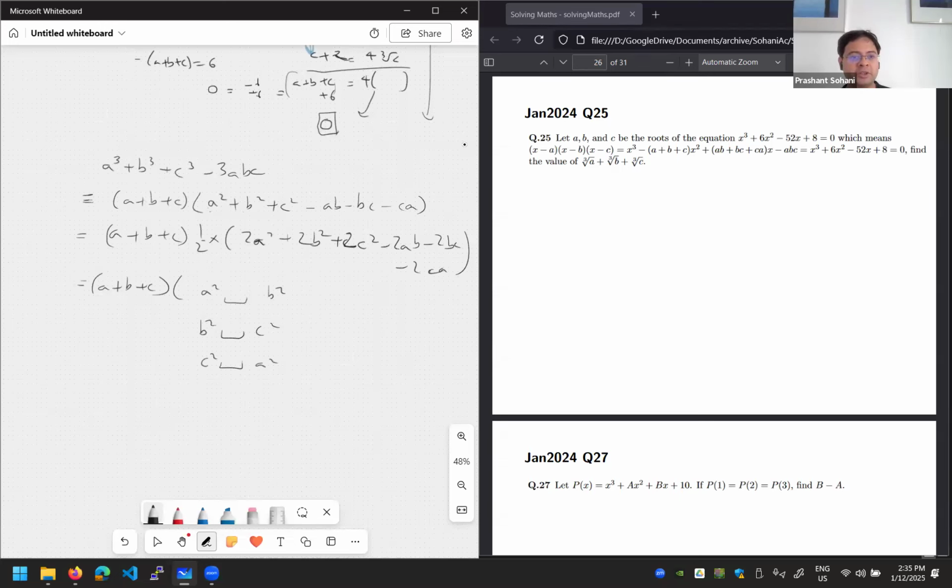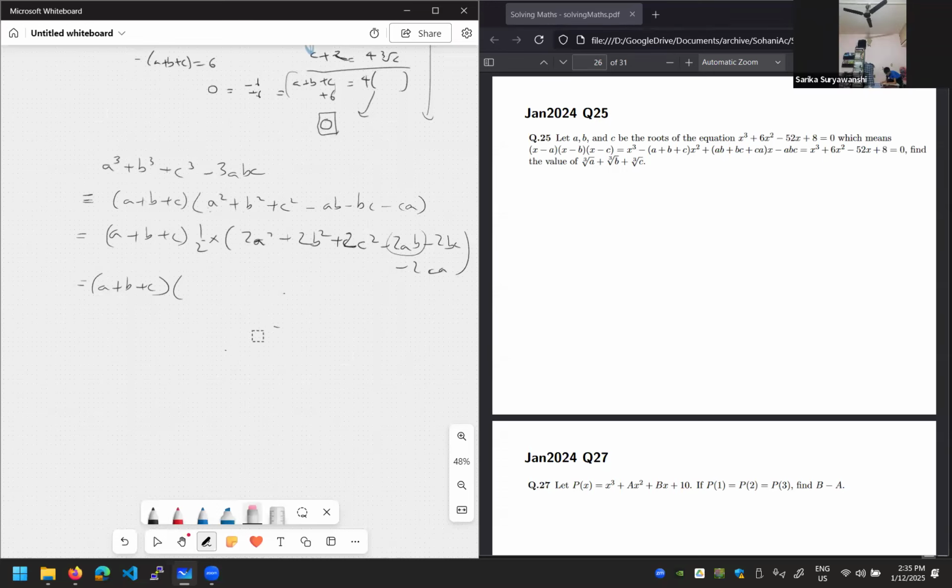So for A square and B square, I need the middle term of minus 2AB, and I exactly have minus 2AB here. So like that, this can nicely be rearranged into these three separate terms. Okay. So therefore, if I write it a little bit more cleanly, basically half will remain outside. So that half will still be there. Let us write it here. And inside the bracket, what I'm going to get is a square minus 2ab plus b square.